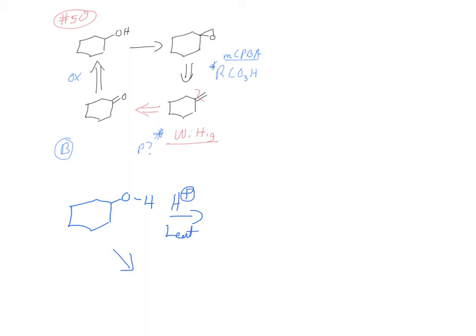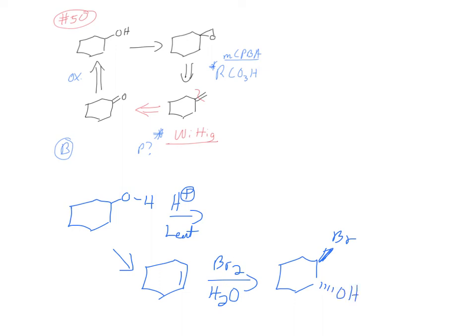That's going to give me an elimination. There's a mechanism for that, which you should know. And I'm going to add Br2 in water. That's going to give me a bromine and an OH, and they're of course going to be trans to each other because Br2 forms a bromonium ion. Water comes in and attacks. The other byproduct of this, of course, is HBr.